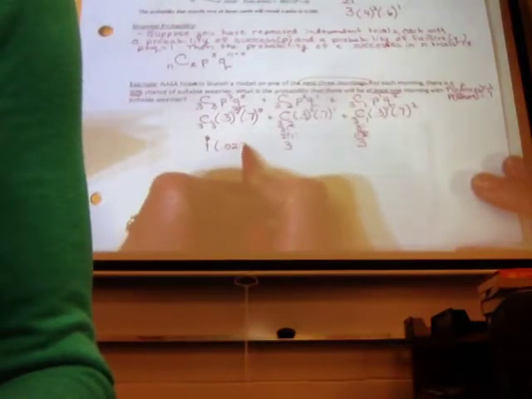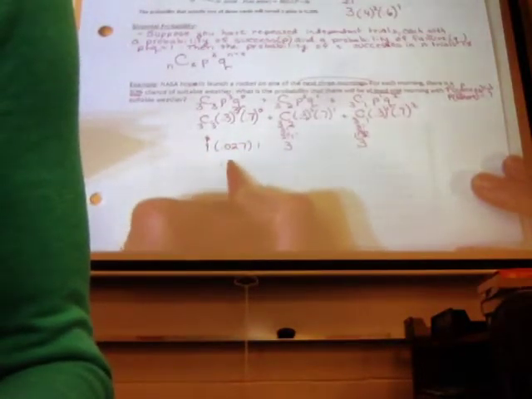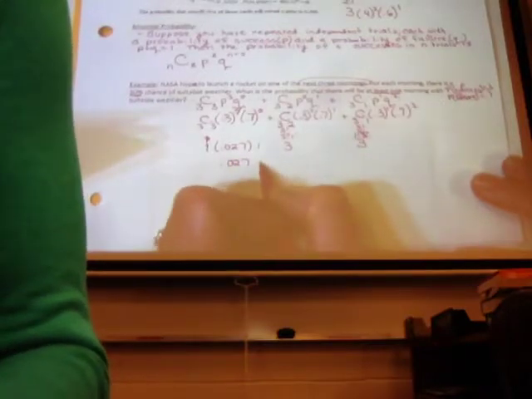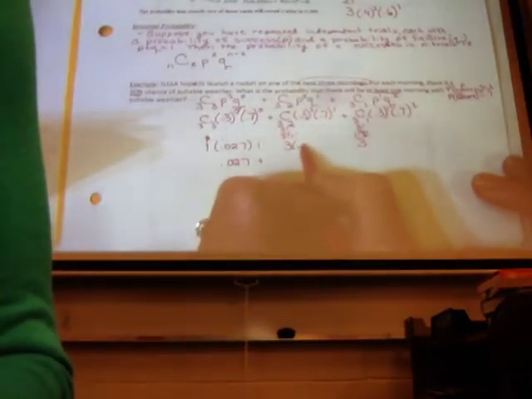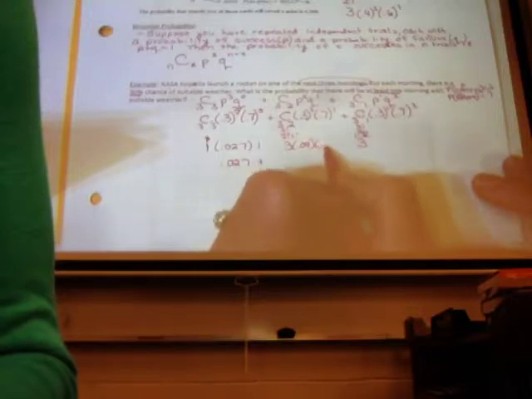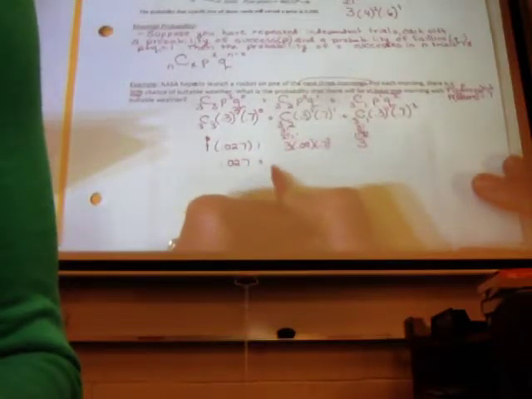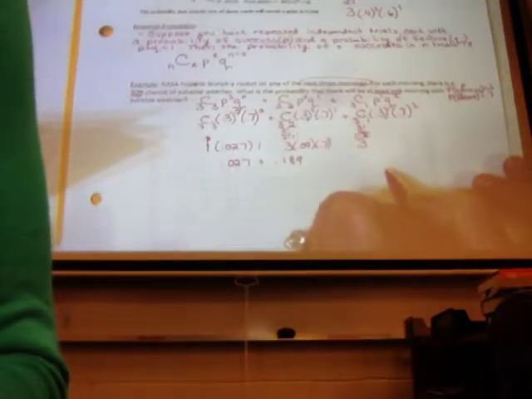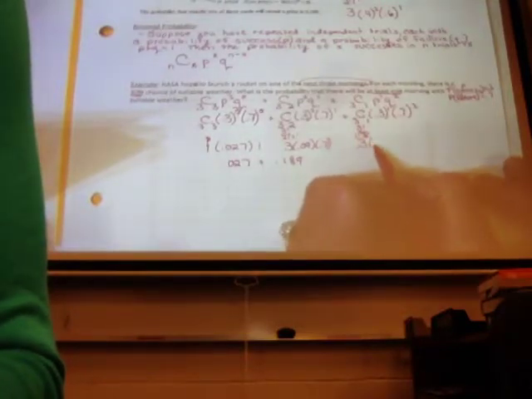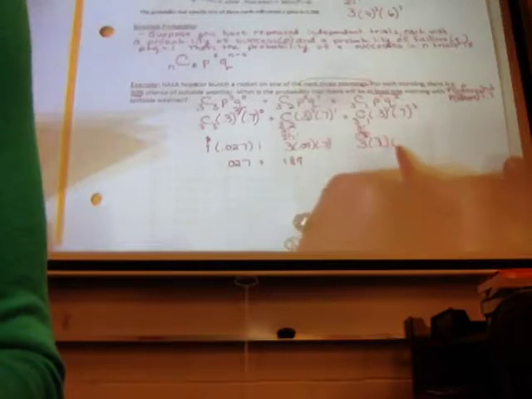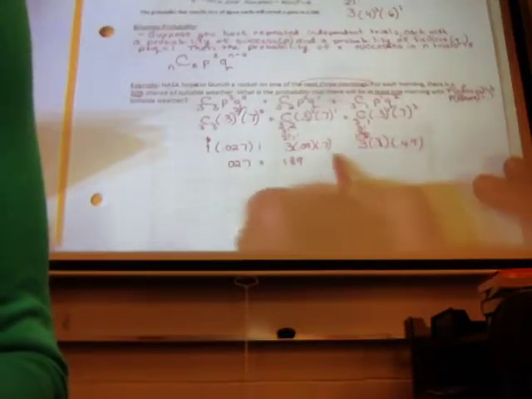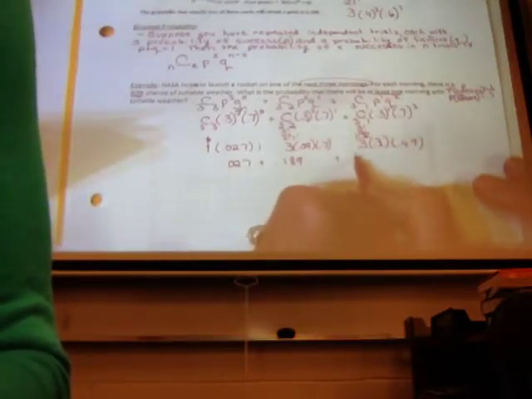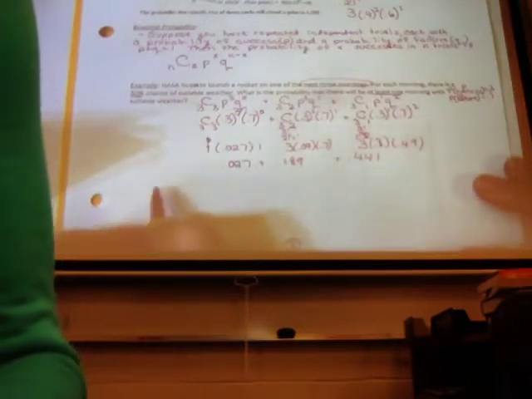Okay, so I have 1 here. If I multiply this, I get 0.027. This is times 1, so I have 0.027 for the first term. This would be 0.09 times 0.7, and you would get plus 0.189. This would be times 0.3, and this is 0.49, and you would get plus 0.441.